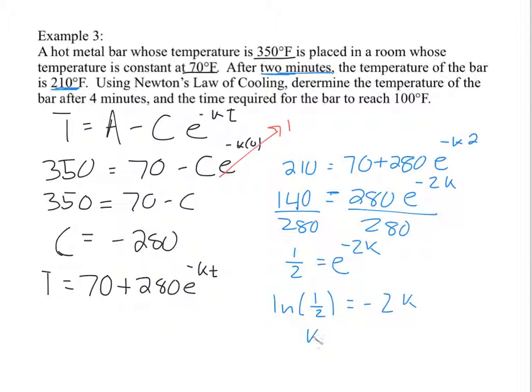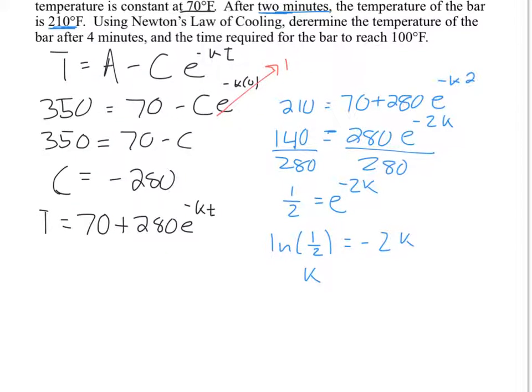And so my constant is ln of 1/2 divided by negative 2, which you could leave like that and have it exact, but it ends up being a decimal around 0.34657.